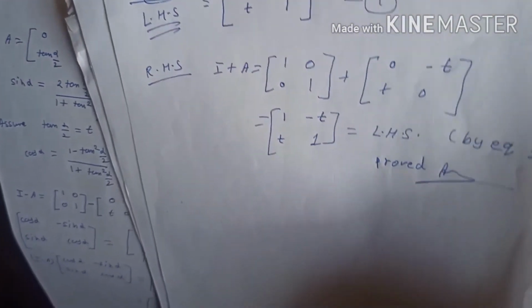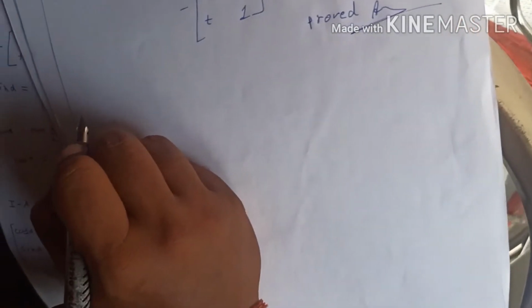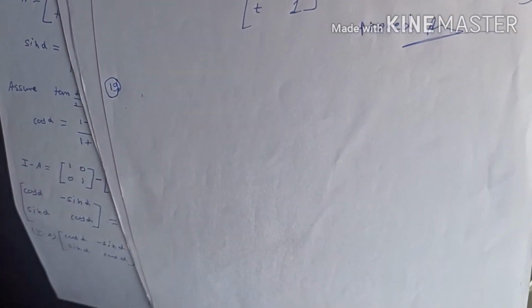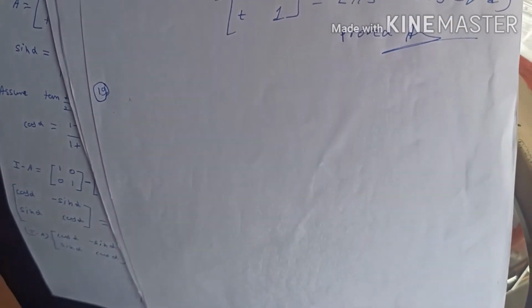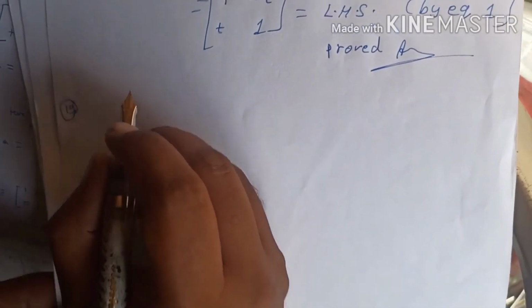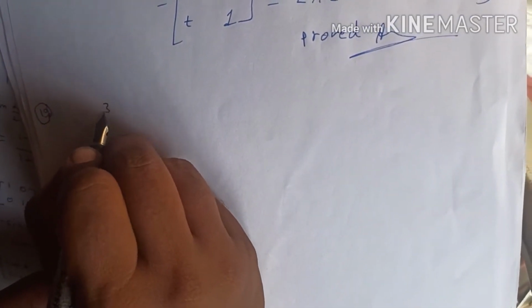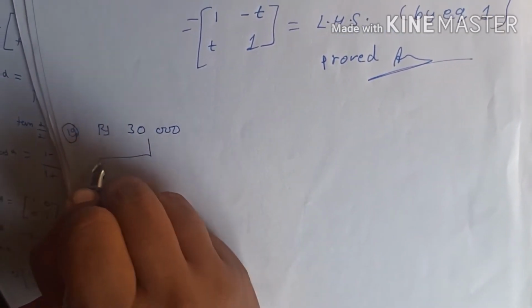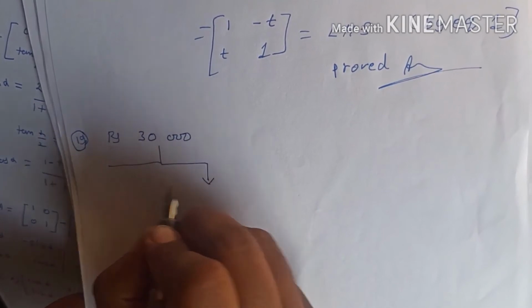Now we are going on to question number 19, which is a word problem. The problem is, in a trust fund, Rs 30,000 must be invested into two different types of bond. So the first thing is, I want to invest 30,000 rupees in two formats.